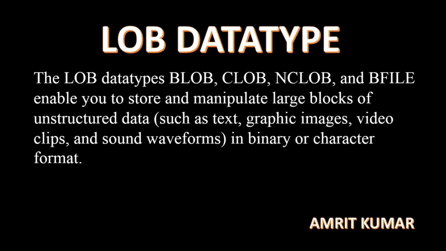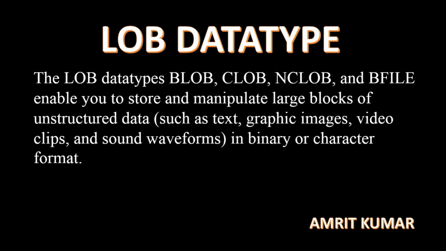And what do we mean by unstructured data? Unstructured data is data which is not arranged and does not have any kind of structure in it, like text, graphics, image, video clips, and sound waveforms.